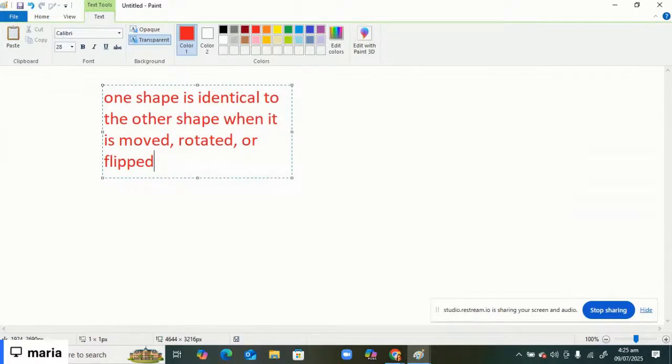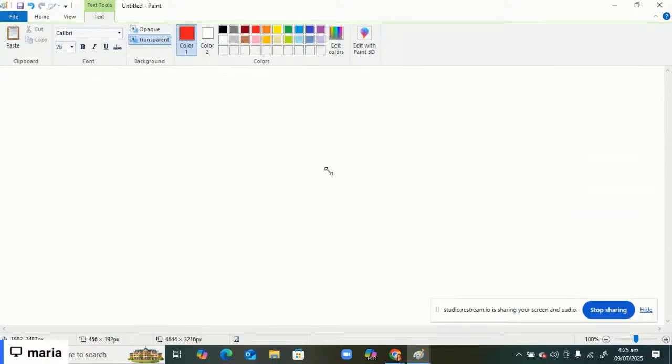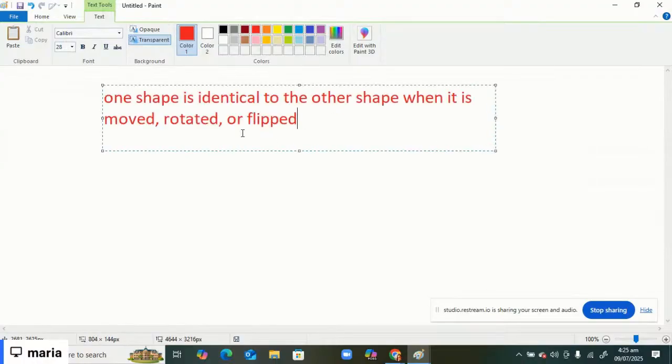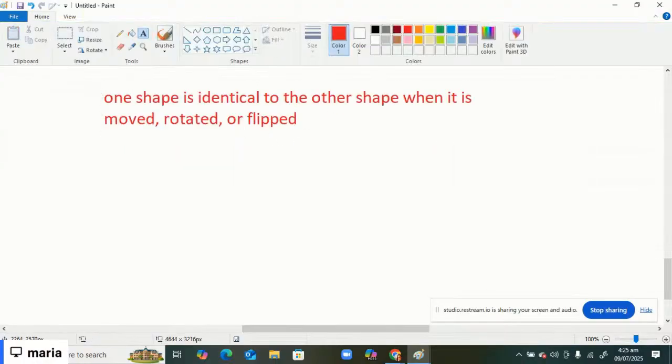All right, so what is the definition of symmetry? One shape is identical to another shape when it is moved, flipped, or rotated. And if the shapes are not identical, this means it is asymmetric. And mostly this kind of symmetry is found in geometry.